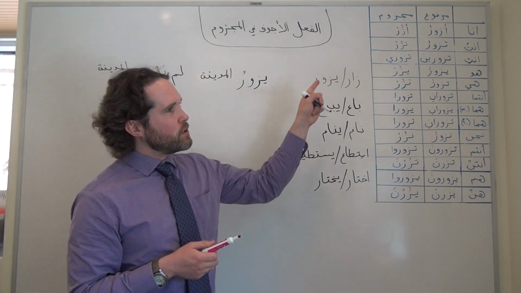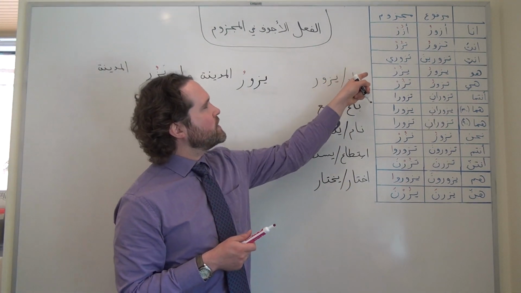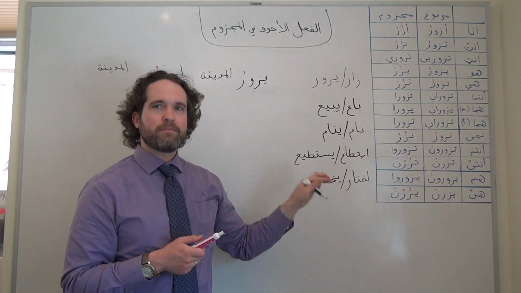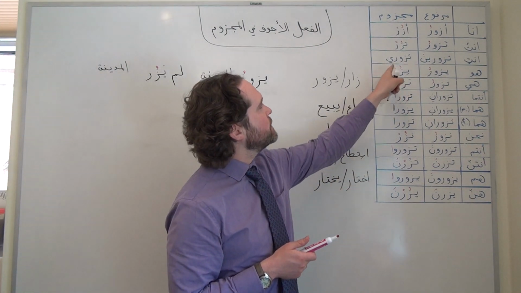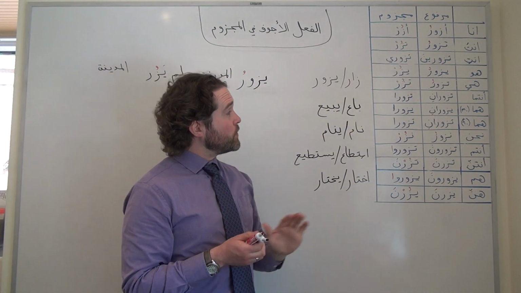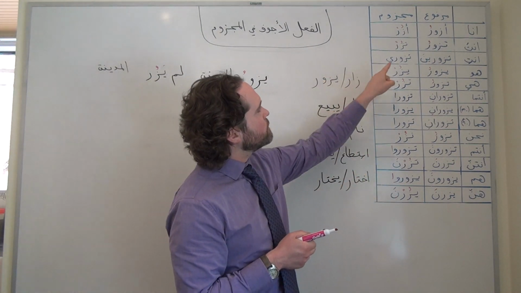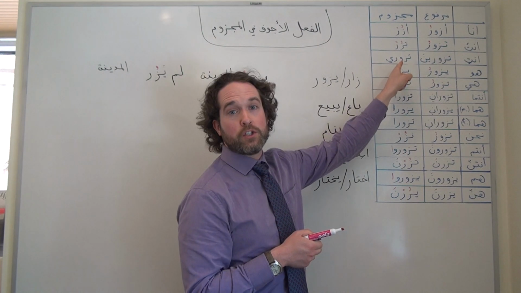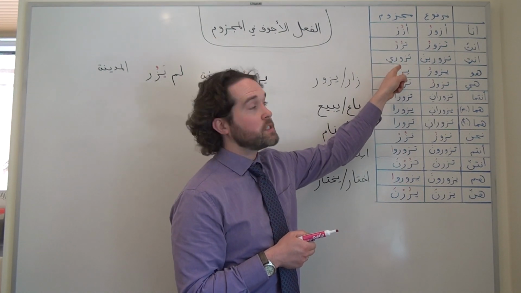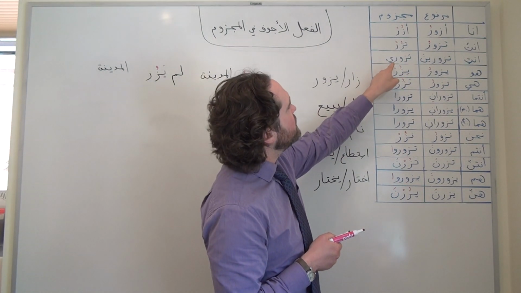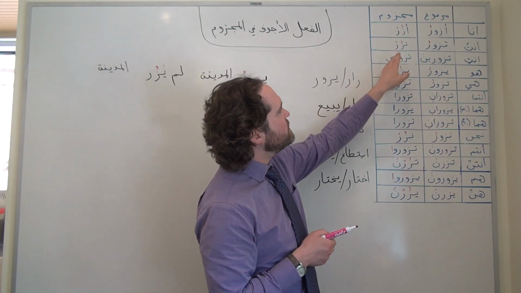If you take a look at this chart over here, most but not all of the conjugations in majzoom have dropped that waw and added a sukoon instead. There are a couple of exceptions. Here, for example, in the NT conjugation, second person singular feminine, we have that long ya at the end.